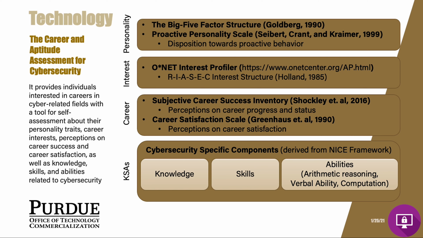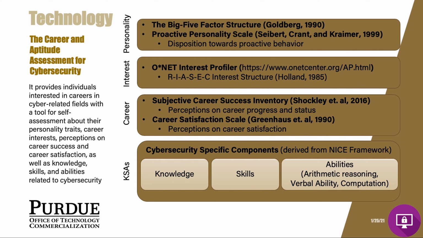Of that set of tools, we use one specific scale that looks at a 60-item instrument, and the results of that instrument are compatible with the RIASEC interest structure developed by Holland. RIASEC stands for Realistic, Investigative, Artistic, Social, Enterprising, and Conventional, as types of interests that an individual may have.